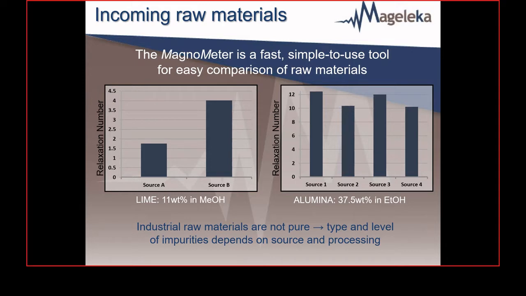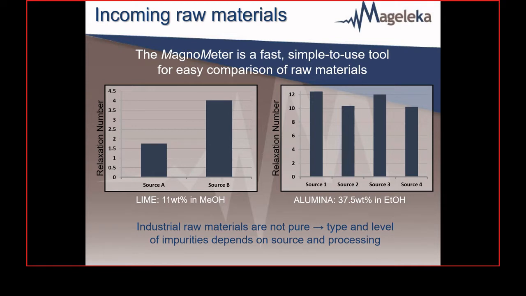Industrial material can contain as little as 80% of the active components, if you bother looking at the typical material safety data and technical sheets that are actually supplied with the material. But in all cases, the type and level of impurities depends upon the source of the material and any subsequent processing. So what I'm going to show here are two widely used, very simple chemicals, an alumina and a lime.